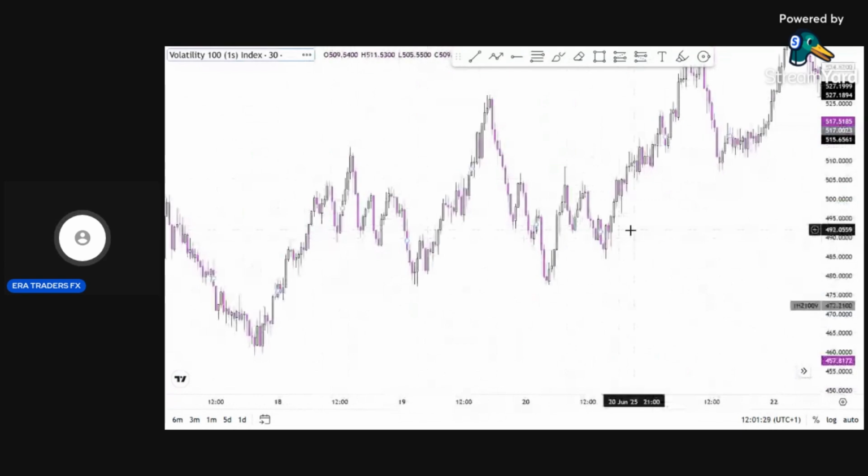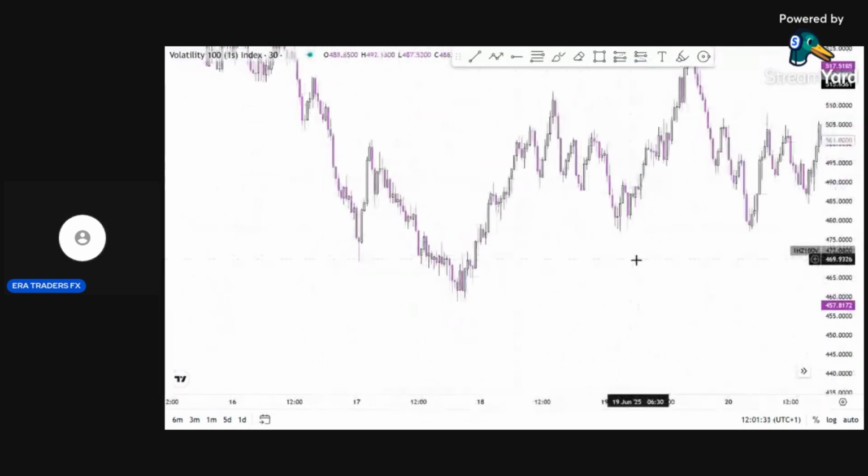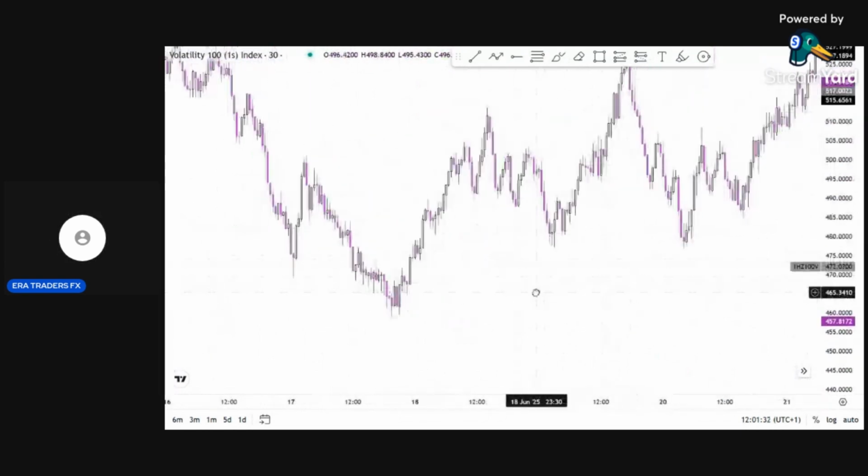Let me look for a buy scenario. I just want to do this on this pair so that we're good to go quickly. Support and resistance entry. Although this is not the TP, let me just use it to explain what I'm saying.